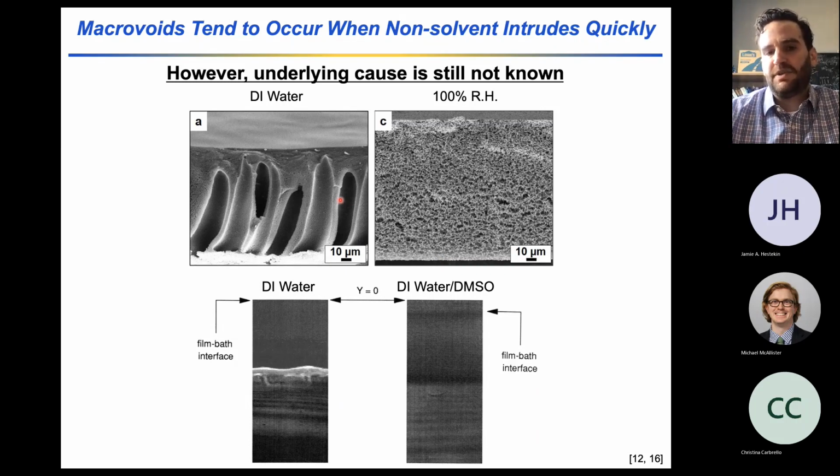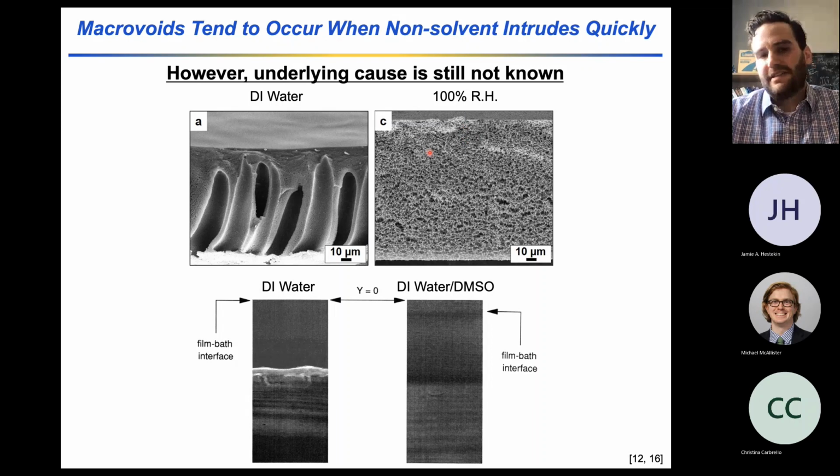The only difference was that in one case the non-solvent bath was DI water that the film was plunged into, and in the other it was a 100% relative humidity atmosphere. Thermodynamically, these two non-solvents are identical. The activity of water is 1 in both cases, but the lower density of the vapor slows non-solvent intrusion.